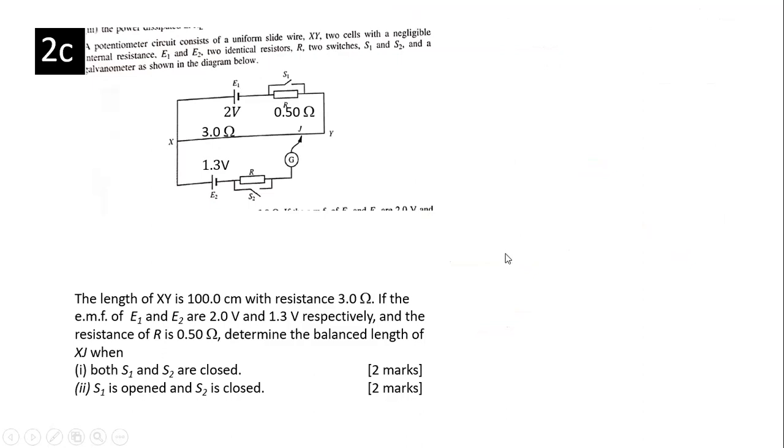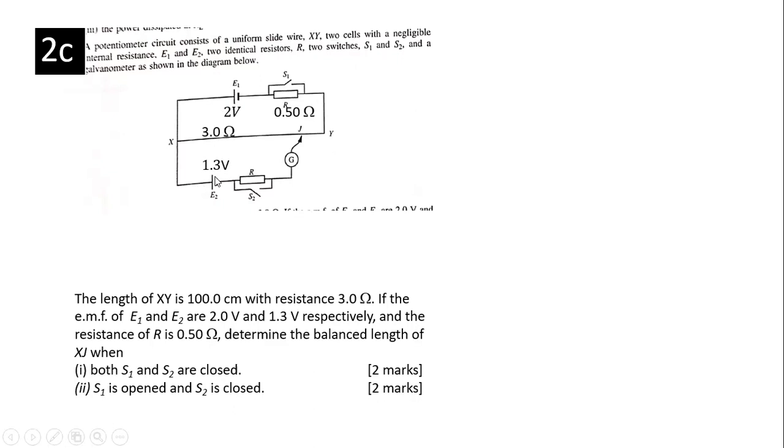Right? They try to combine now. A potential divider circuit consists of a uniform slide wire XY. That's your XY. 2 cells, that's your 2 cells with negligible internal resistance, E1 and E2.